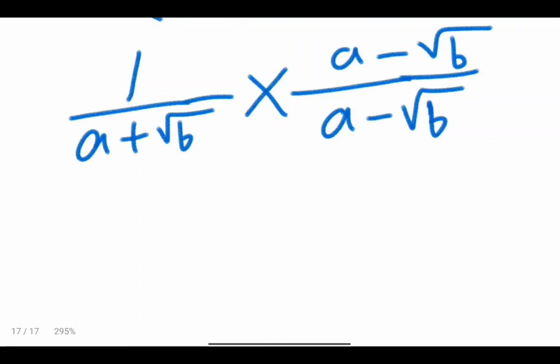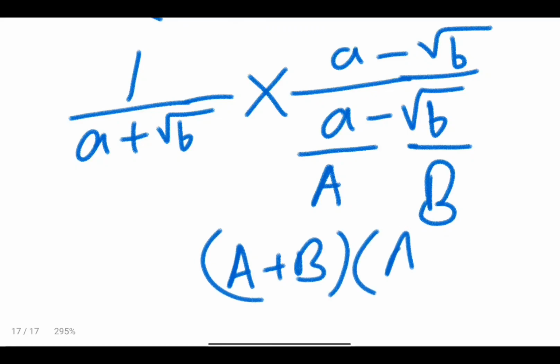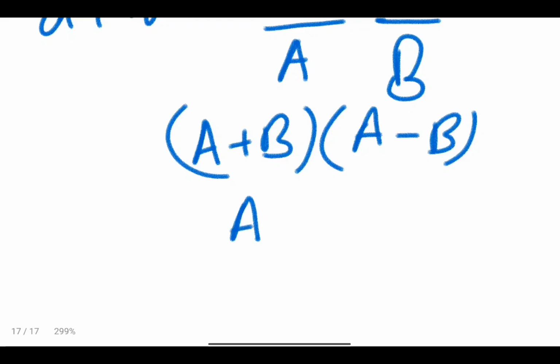Look very carefully. This is our a, this is our b, and when we multiply these two together, it turns to a plus b into a minus b, which is the formula of a squared minus b squared.